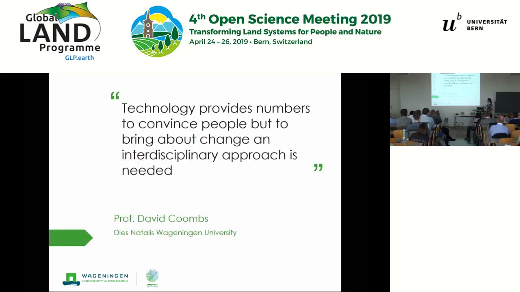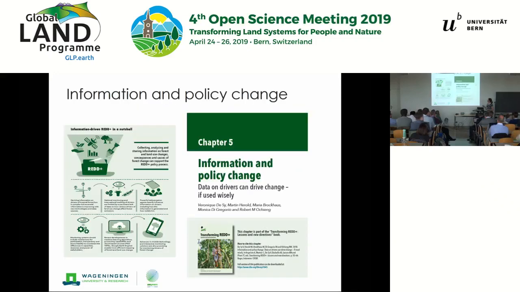So this was just to show you some ways in which you can use a lot of the data and methods that are around to get information for policy change. But of course, just having more and better information is often not enough to get to policy change.